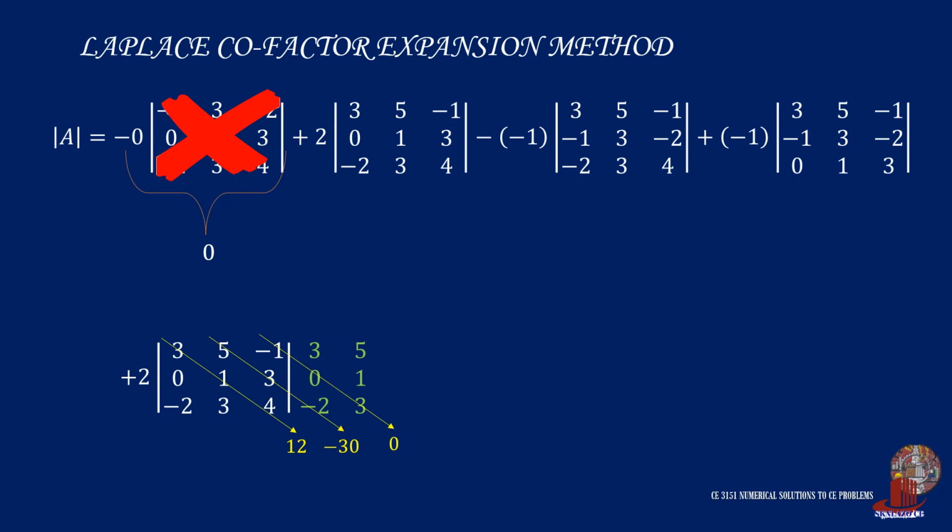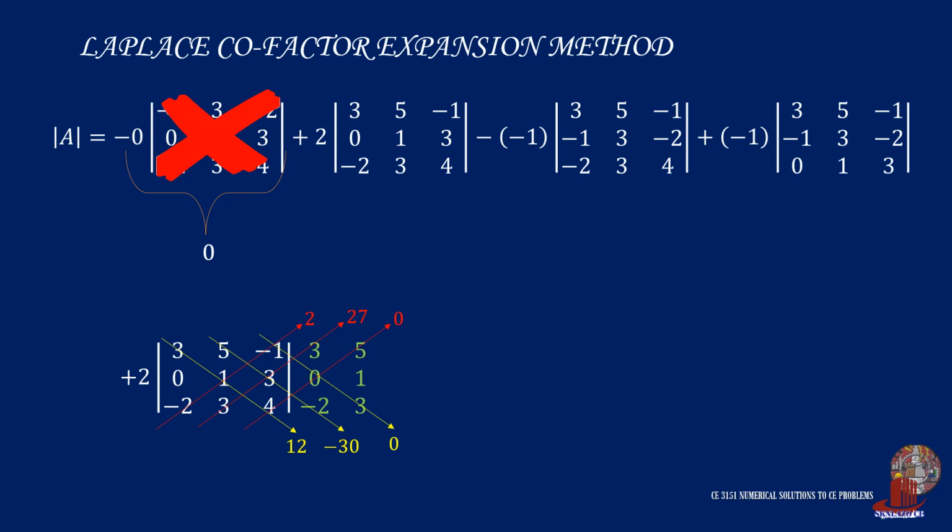The anti-diagonals start with negative 2 times 1 times negative 1, which makes 2. The next is 3 by 3 by 3 to give 27. And the last has 4, 0, and 5, which when multiplied together results to 0.